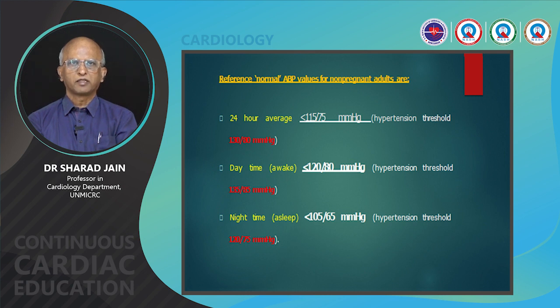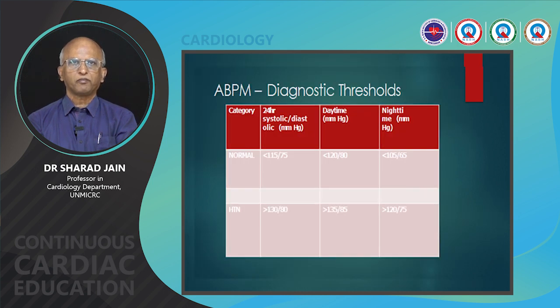Night time, asleep, it should be lower because at night BP usually goes down, so less than 105 by 65, and the hypertension threshold is 120 by 75 mm of Hg. So, ABPM diagnostic threshold: 24 hours more than 130 by 80, daytime 135 by 85, and night time more than 120 by 75.